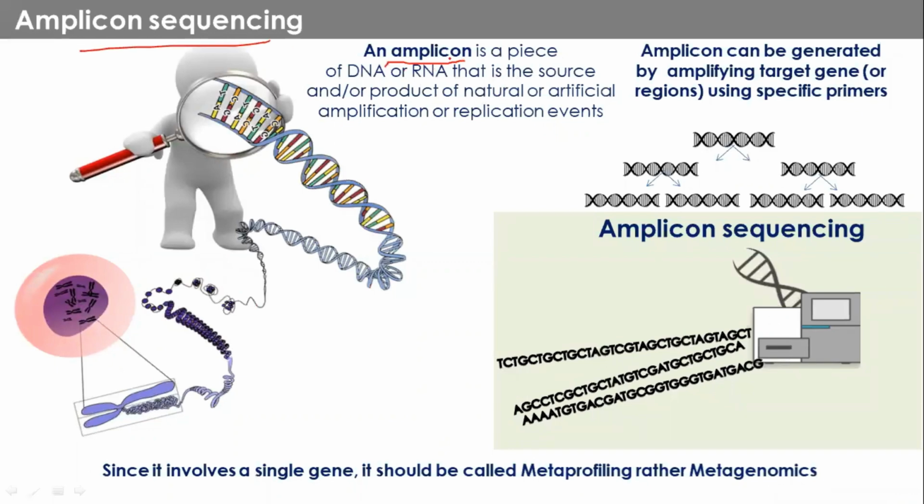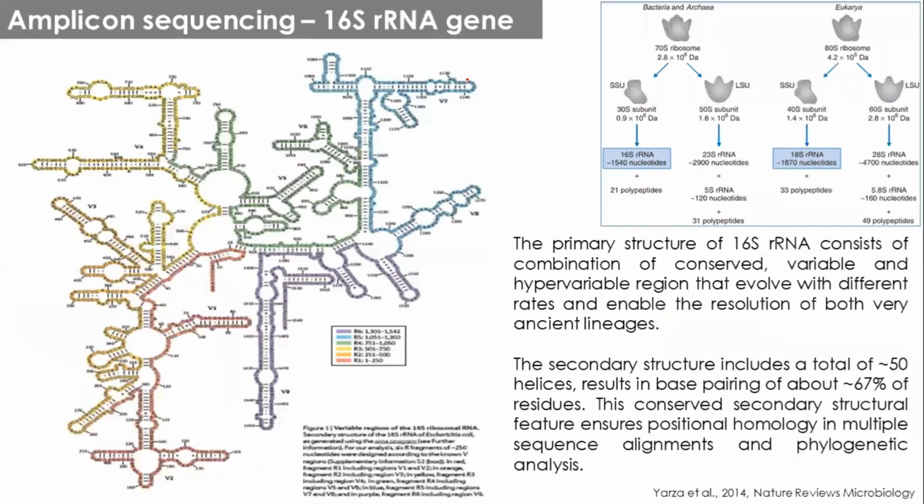Okay, so an amplicon is nothing but a DNA or RNA piece which you are going to amplify in the PCR. In the case of bacteria, we choose the 16S rRNA gene, which is very much universal for understanding the bacterioplanktonic community. The 16S rRNA gene is associated with the small subunit of the ribosome.